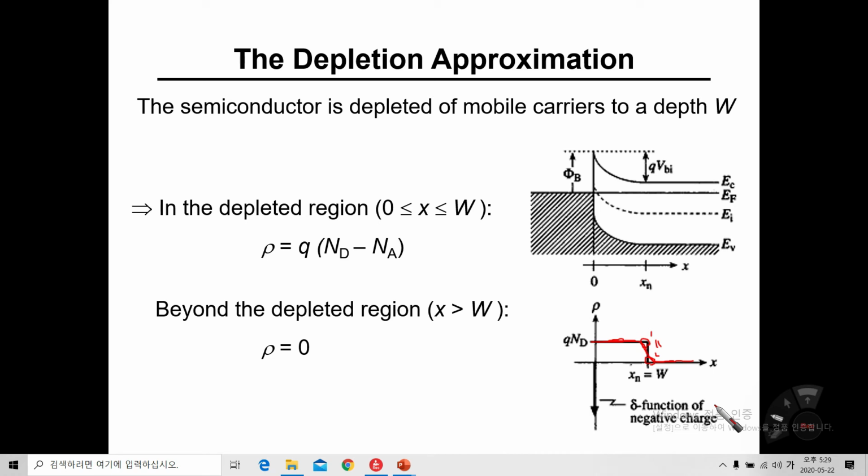But I don't want to take care of it in this lecture. So just for your information, this step-like function is not real; the real one follows this smoothly modified curvy shape in rho versus x. In summary, you should understand and be able to define what the depletion approximation is.